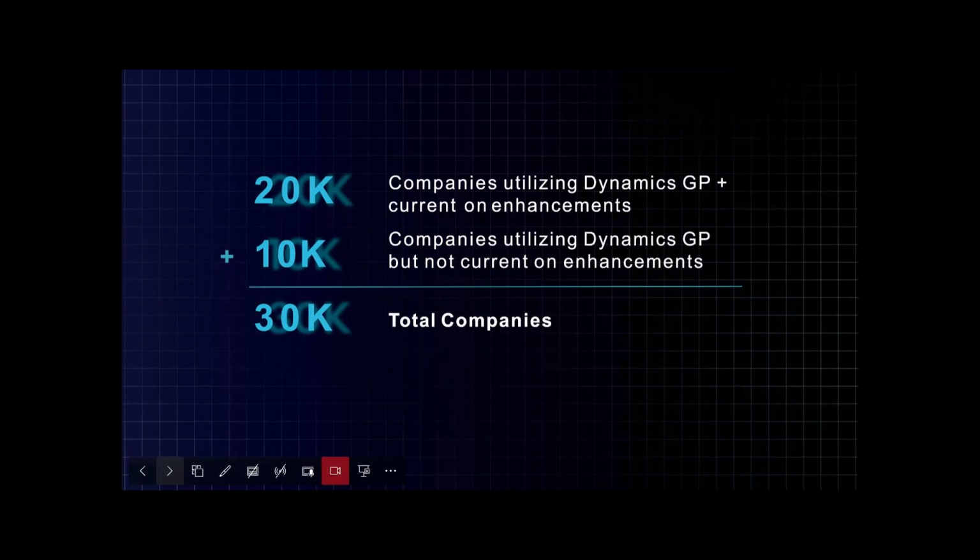So to move 30,000 companies by 2028 seems to me to be a very big project. So my guess is we will eventually see Microsoft push this out a little bit, because again, the sheer volume of companies leveraging Dynamics GP to grow and scale their business is huge. It really is.